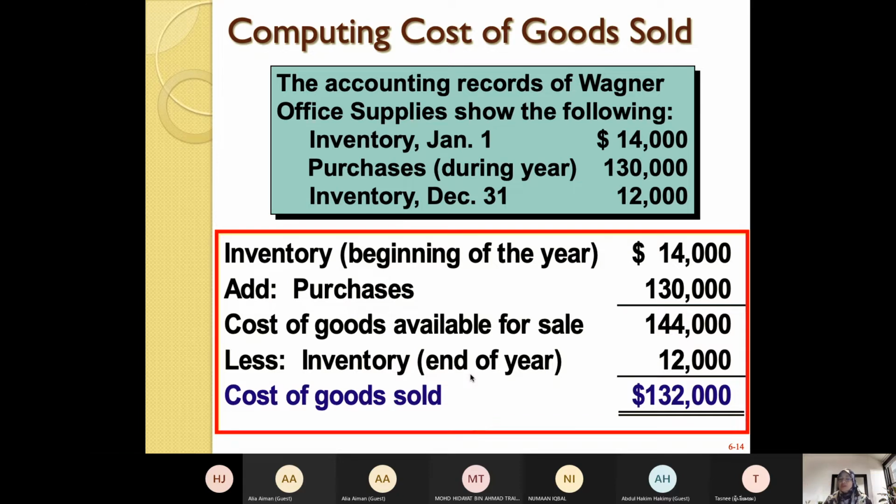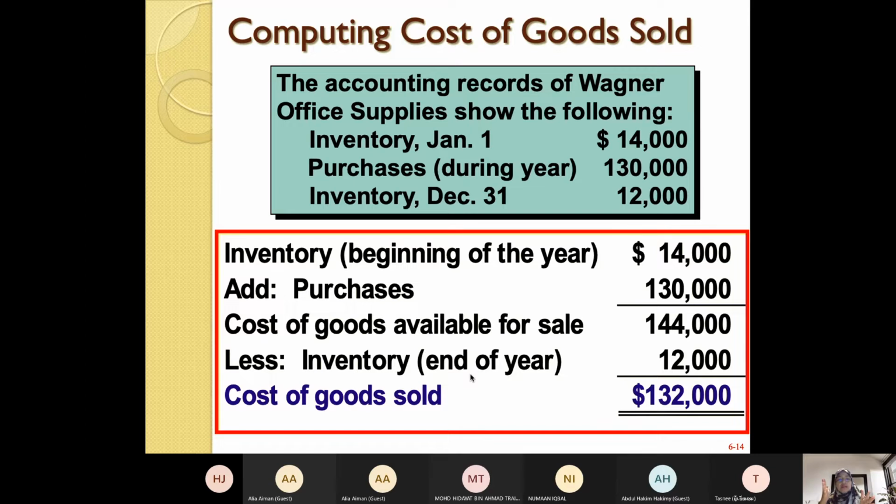These are what we call goods available for sale. But when I do my stock take, I only have 12,000 in my account. Physical inventory is only 12,000, which means I must have made a sale of 132,000. Whether I really made a sale of 132,000 or not doesn't matter, but I know that the difference is the cost of goods sold.